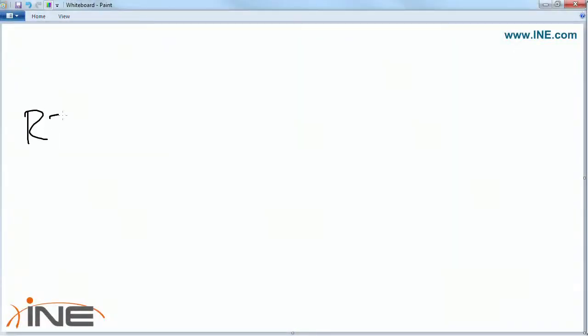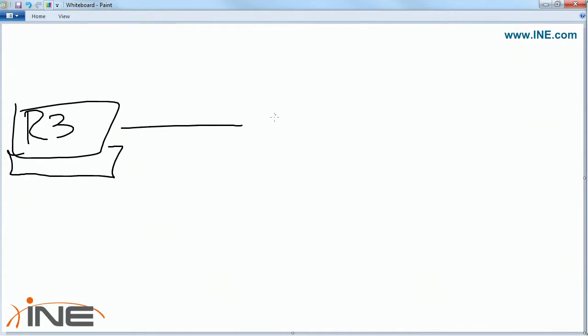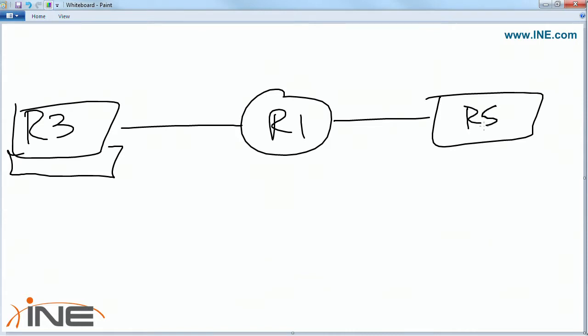So when we look at this design, from a logical layer 3 point of view, we have router 3 basically as the end host, and then it's attaching to router 1, and then the end host on the other side is router 5. At this point, when we're looking at layer 3, the details of the layer 2 network don't matter anymore. As long as the frames can get from 3 to 1, we don't really care how they get there.